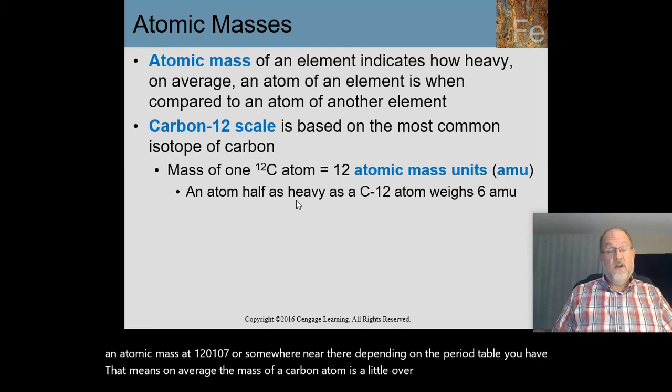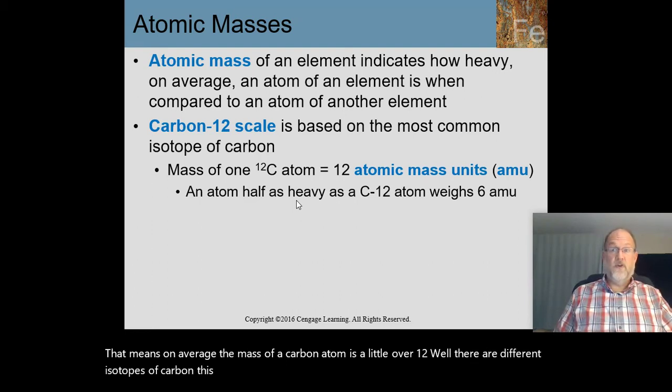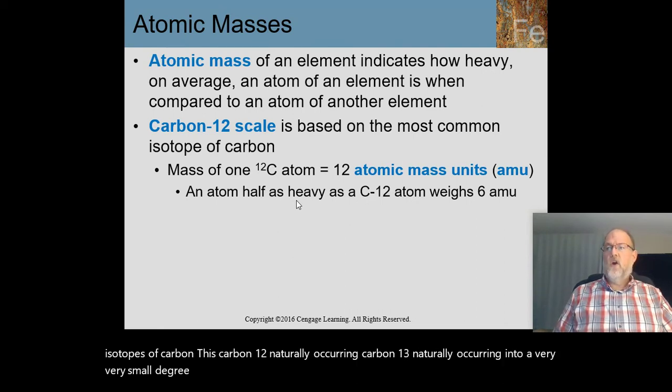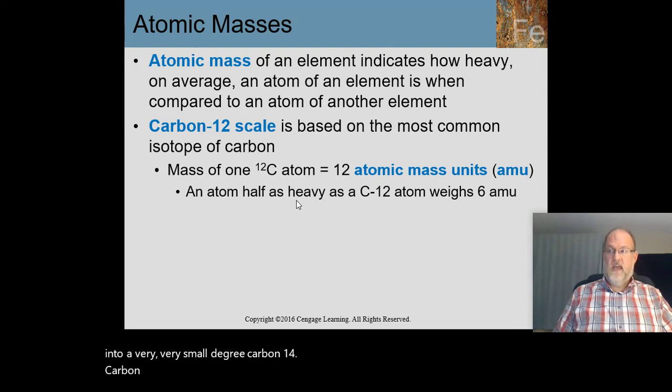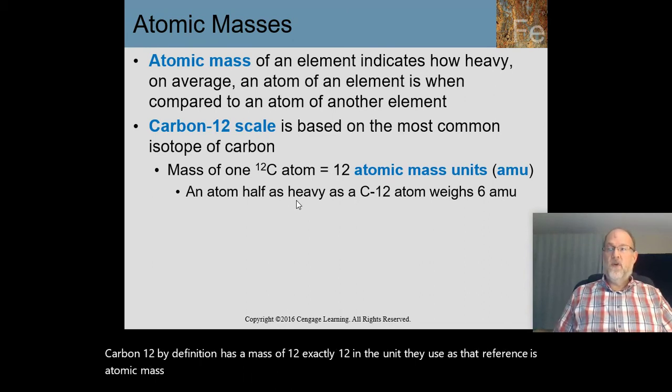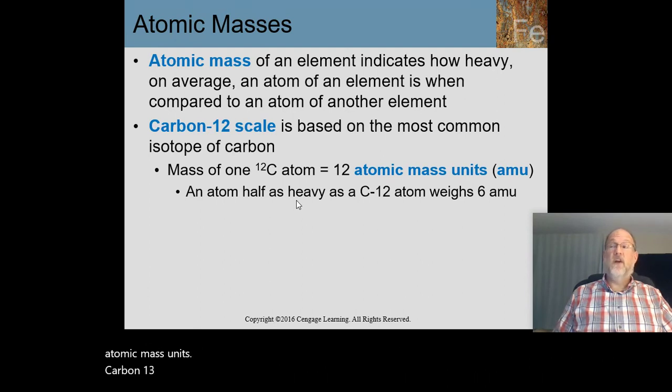Well, there are different isotopes of carbon. There's carbon 12 naturally occurring, carbon 13 naturally occurring, and to a very, very small degree, carbon 14. Carbon 12, by definition, has a mass of exactly 12, and the unit they use as that reference is atomic mass units. Carbon 13 has a number that's very, very close to, but not exactly 13.